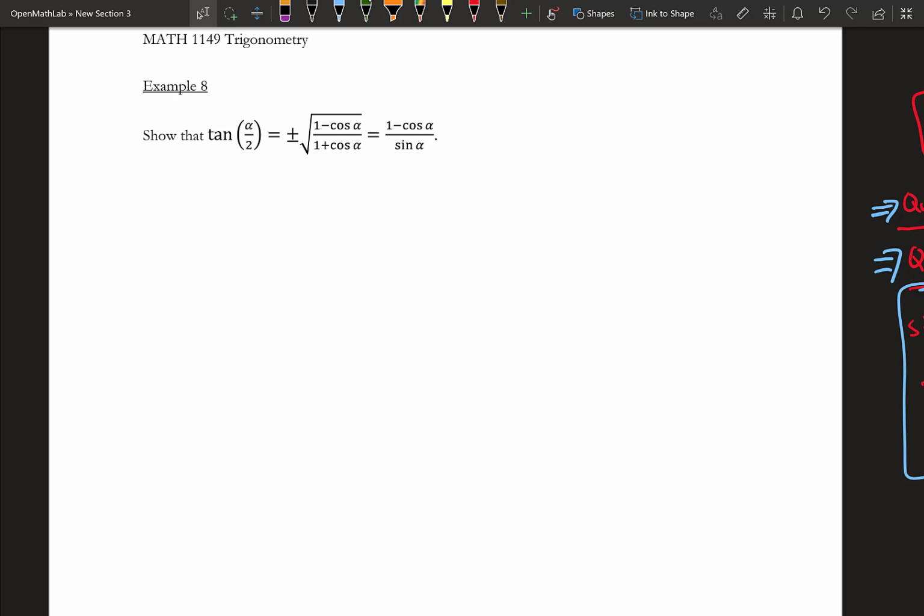All right. We want to show that tangent of alpha divided by 2 is equal to plus or minus the square root of 1 minus cosine alpha divided by 1 plus cosine alpha, which is equal to 1 minus cosine alpha divided by sine alpha. In other words, we already know that the sign of these two things is the same, so I want to show that these two things are equal.